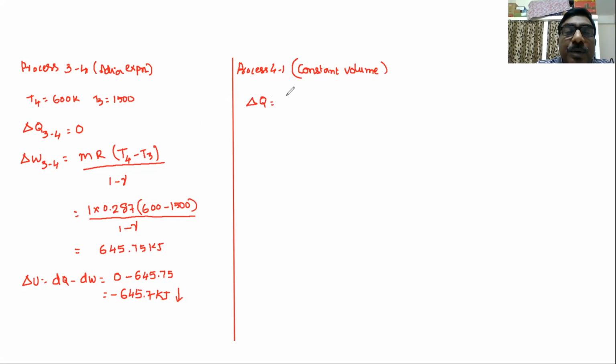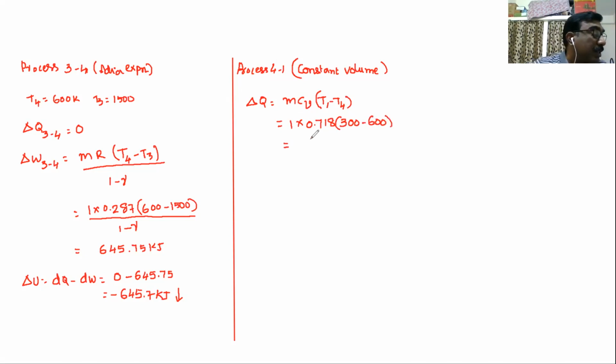Delta Q is equal to m Cv into T1 minus T4, which is 1 into 0.718 into 300 minus 600.